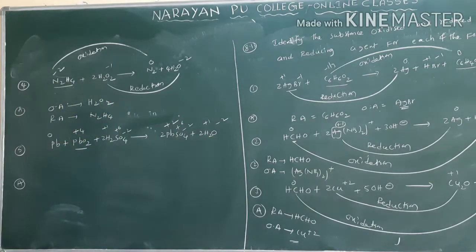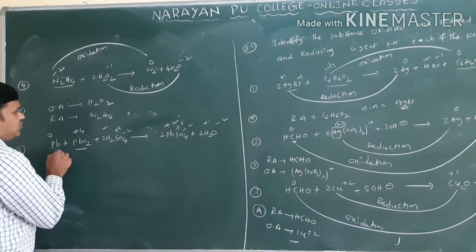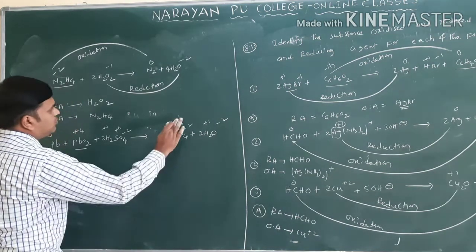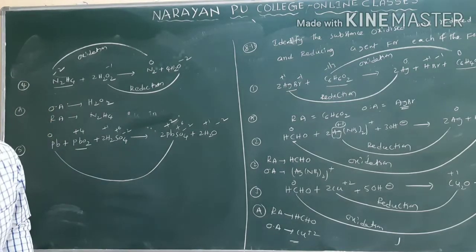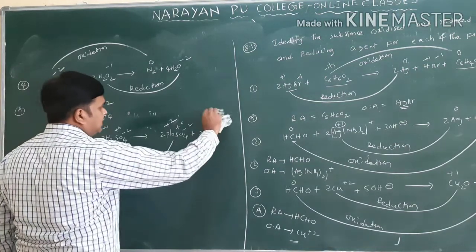So there is no change in the oxidation state of sulfur, hydrogen and oxygen. There is only change in the oxidation state of which one? Pb and PbO2. Here you can say Pb converts into what? Pb plus 2.